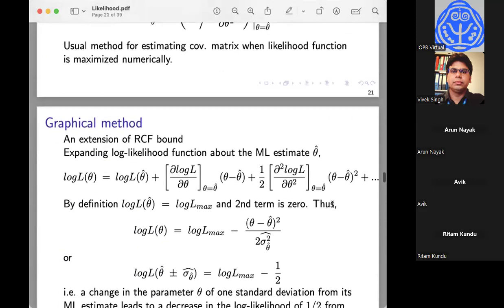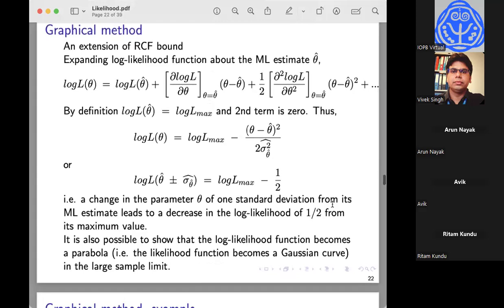Now the last one is basically an extension of this RCF bound, which is called the graphical method. It is mostly used, if I understood correctly, and you can use it easily.